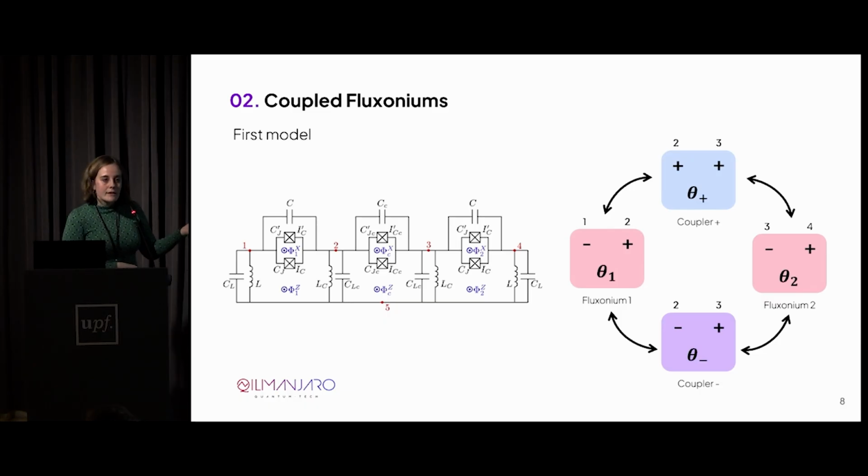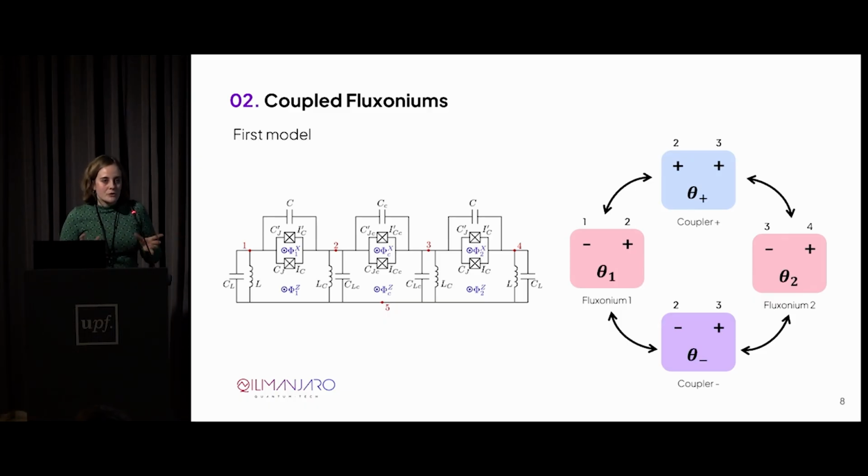And the interesting thing in this system is that the interaction is not directly through the Fluxonium modes, but is mediated through the coupler modes. So when you compute the coupling strength of this system, it actually has two contributions. One contribution comes from the interaction between the Fluxonium modes and the coupler harmonic mode, and another contribution comes from the interaction between the Fluxonium modes and the coupler Fluxonium-like mode.